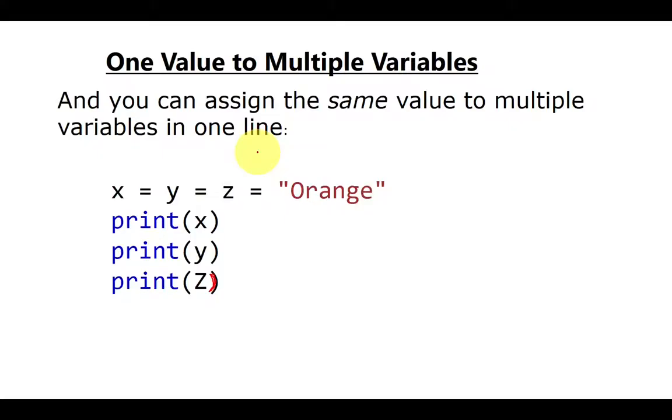One value to multiple variables: you can assign the same value to multiple variables in one line. So right now we are assigning orange to X, Y, and Z at the same time, and if we print them out, we're going to get orange, orange, orange, 3 times.